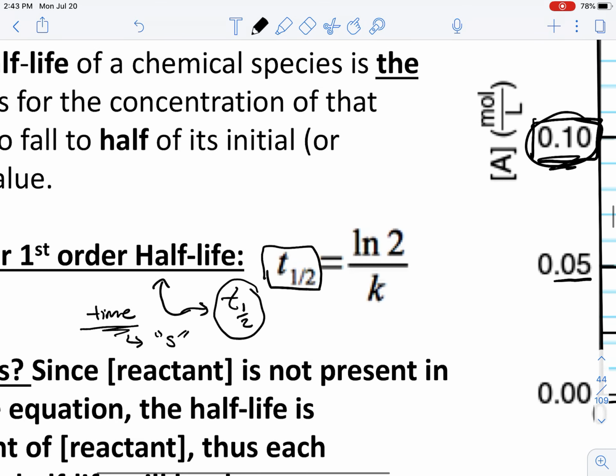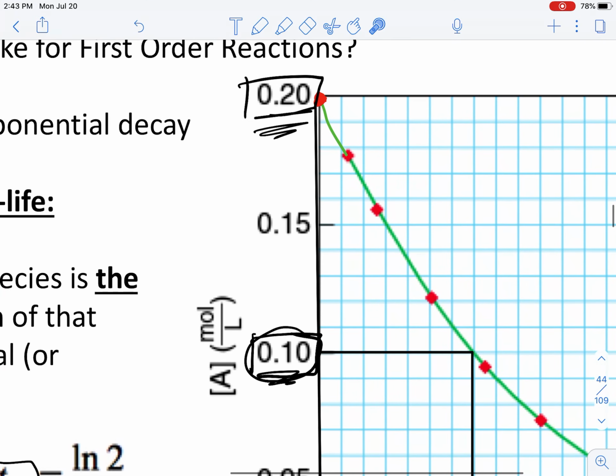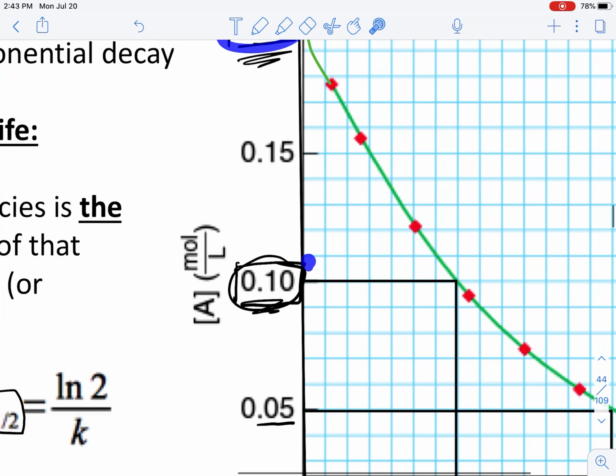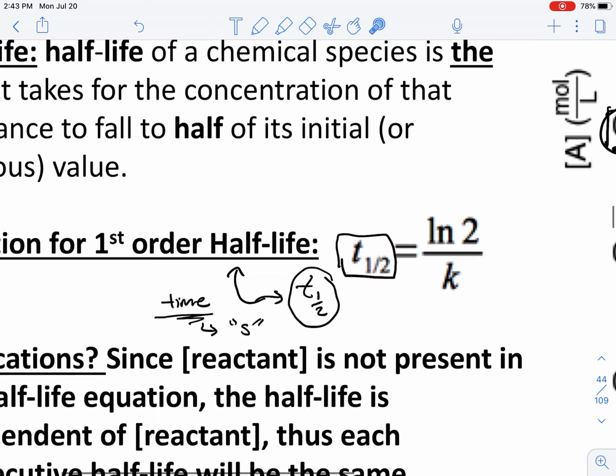And so it turns out that if you were to take the natural log of 2 and you divide it by the rate constant k, you'll be able to determine the half-life, or the time it takes for the original concentration to reach half of its value. Okay.